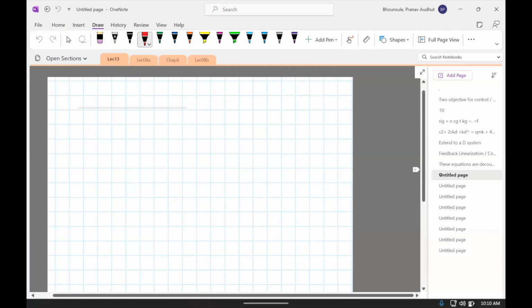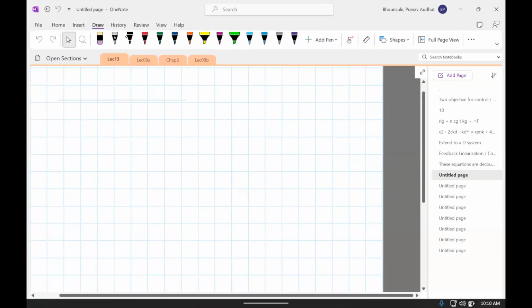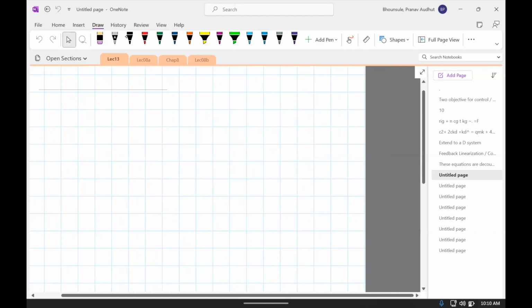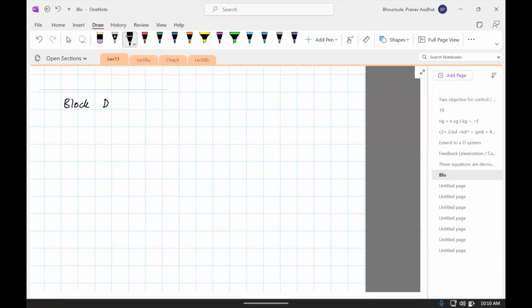So let's go to the block diagram. So we have equations. This is not new. This is the same equation I wrote earlier.